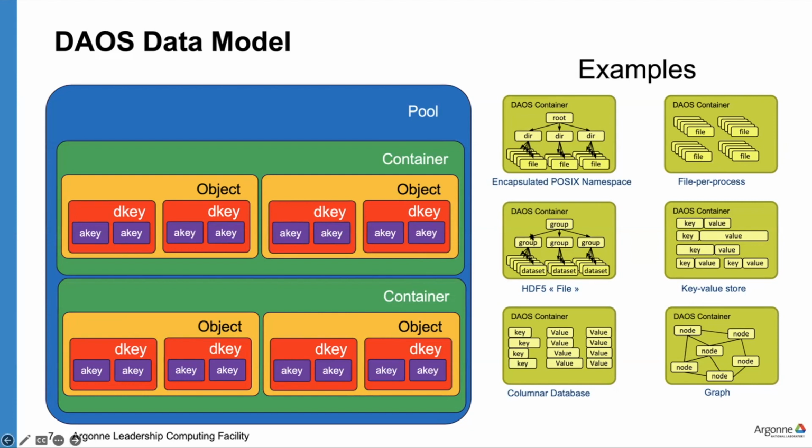Now you can also have other formats, so you can have a DAOS container that contains a key value store, and then there's a dedicated key value API. In here, it doesn't look like POSIX data. You just have a series of keys and a series of values, and you access it that way. And then, of course, there are other types of formats that are possible.